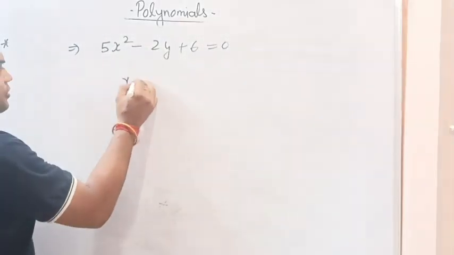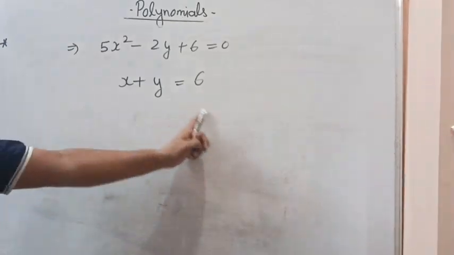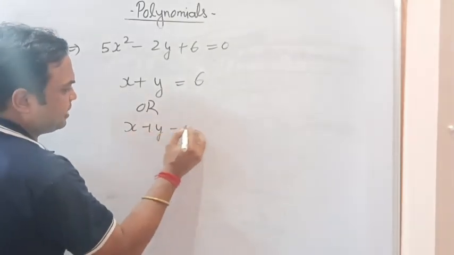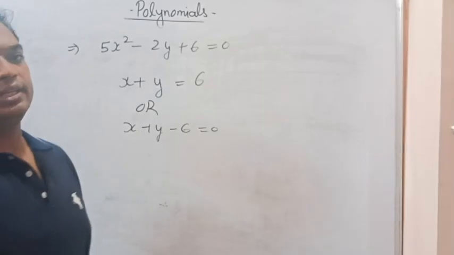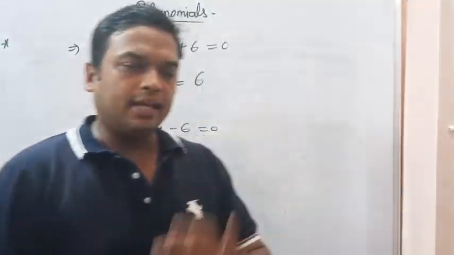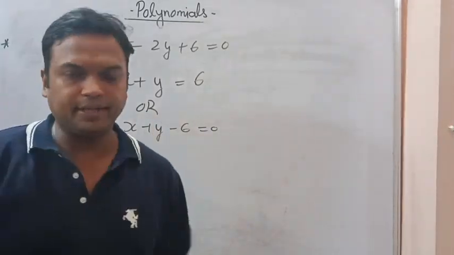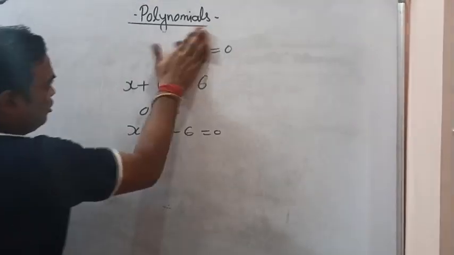It may be written in this way, x plus y equals 6. Okay, so two variables are there. You can write this way also, x plus y minus 6 equals 0. So it is not necessary all the time that only one variable is present. In any polynomial, more than one, more than two variables may be present. Okay, so now the next topic is degree of polynomial.